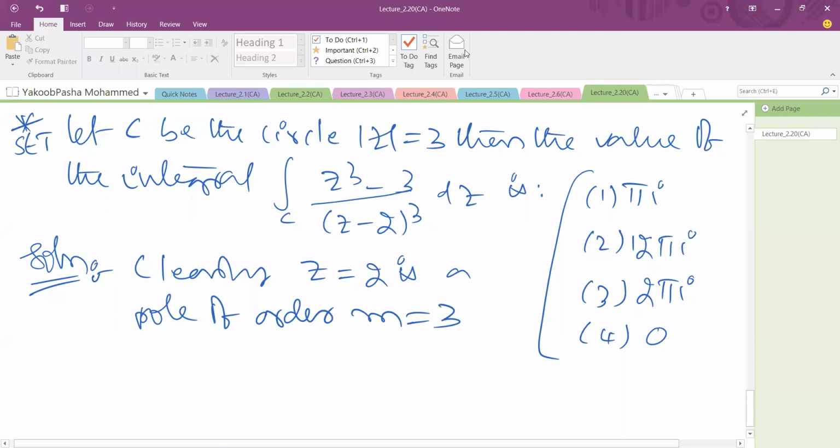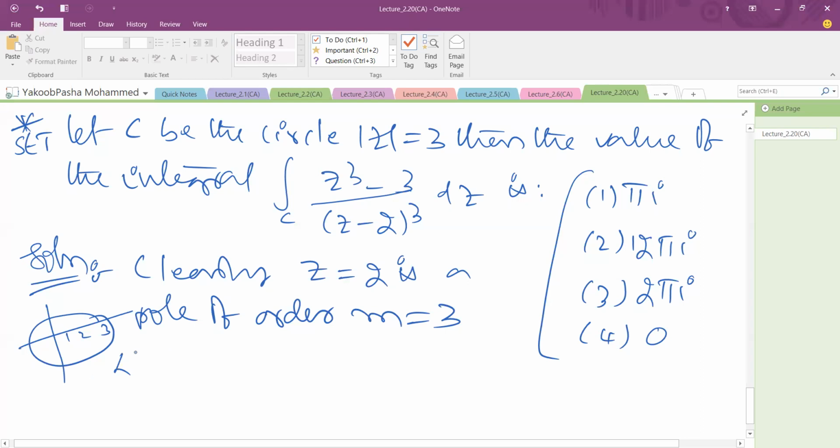It is a pole of order 3. So we have to calculate the residue, then the integral value. Is z is equal to 2 inside or outside? You know that this is a circle of radius 3 units, 1, 2, 3. So z is equal to 2 is inside, no problem.